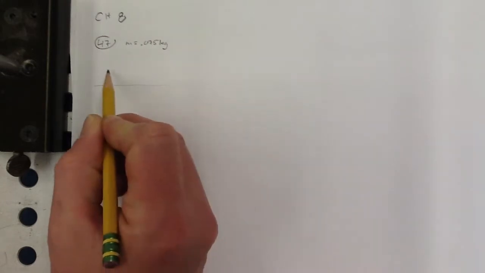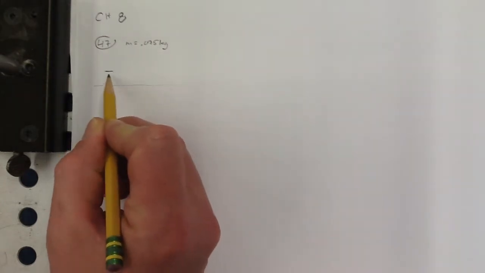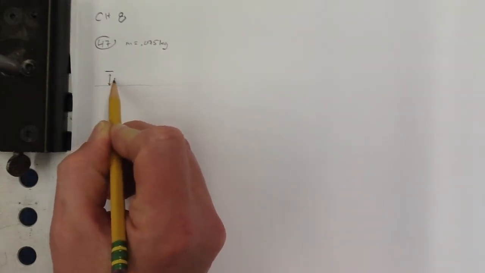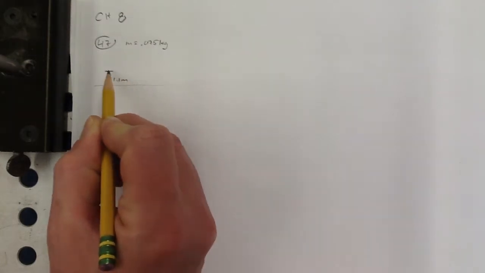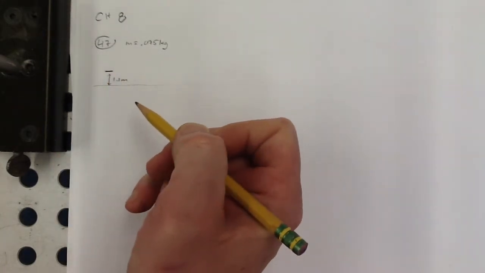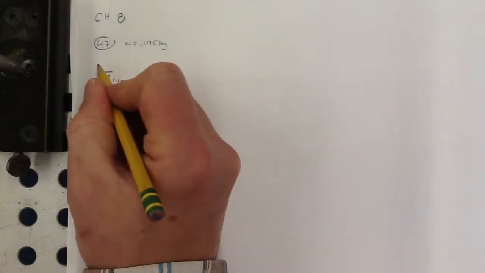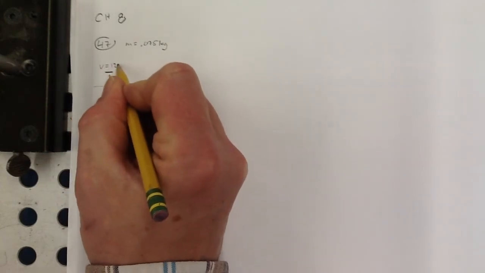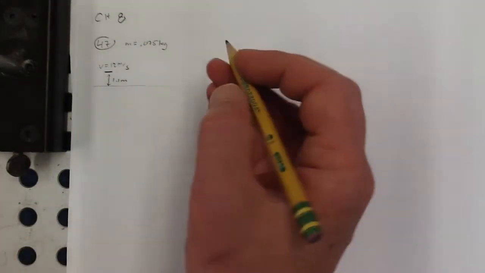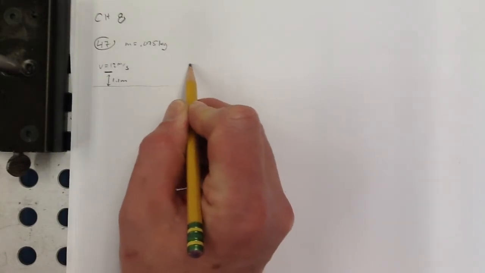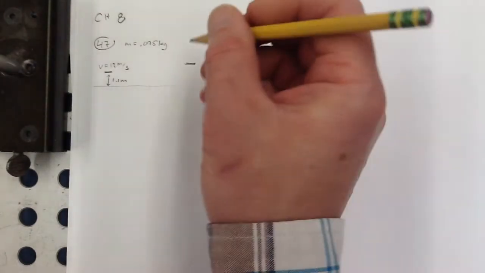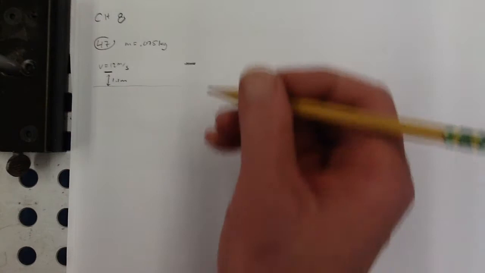So here's the ground, here's the point where it's thrown. This is 1.1 meters. And speed of 12 meters per second. When it has reached a height of 2.1 meters per second, did I say a height of 2.1 meters per second?